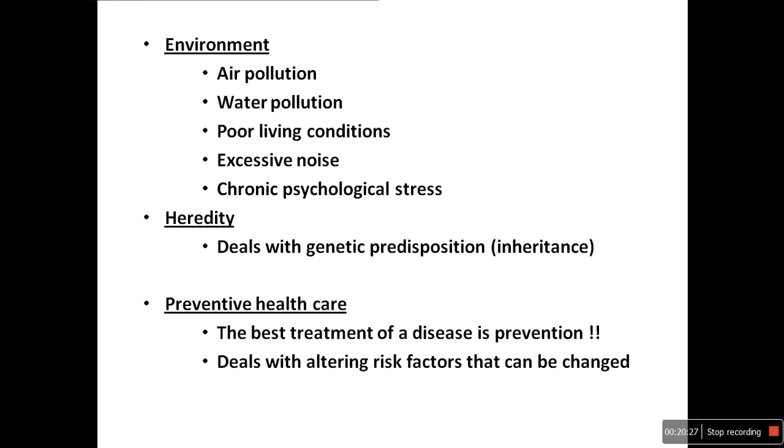Some risk factors I can control, for example heredity. If I am a carrier for a specific disease or have a specific disease, I can control the transmission of this hereditary disease to my future offspring, by making an experimental analysis before getting married.